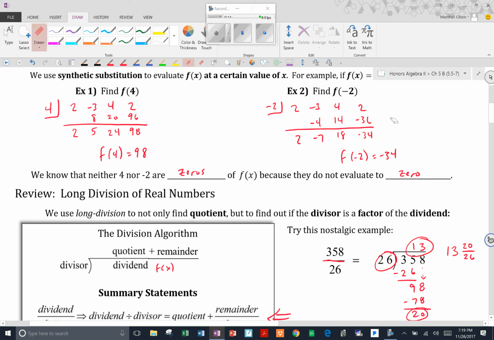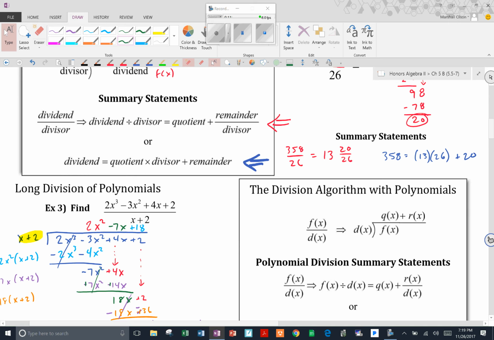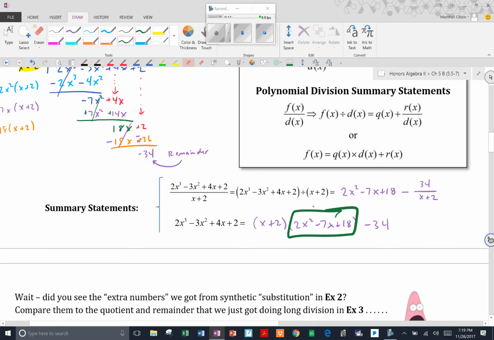That's not the only thing. Check this out. Recognize those numbers? How about now? That's pretty cool. In other words, we could have done long division by using synthetic division. That's right, division, not substitution.